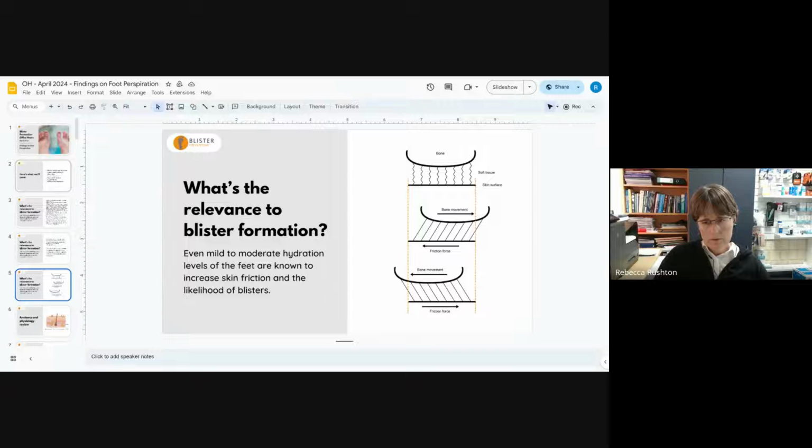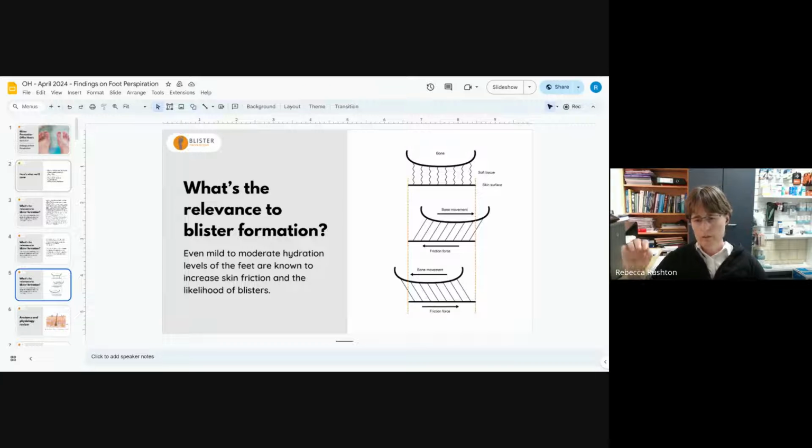In terms of mechanics, where does friction come in? Well, essentially, friction is the force that exists between the interfaces or the materials external to the skin surface. So we're talking skin, sock, and sock shoe.